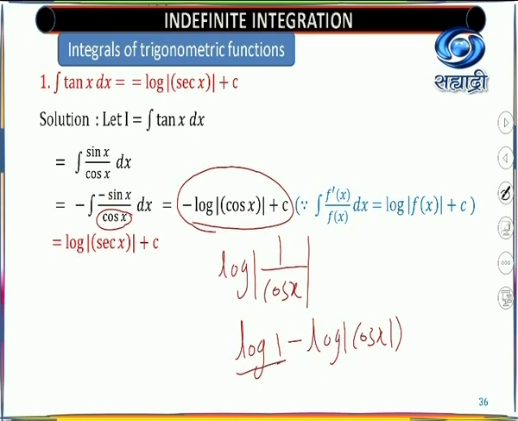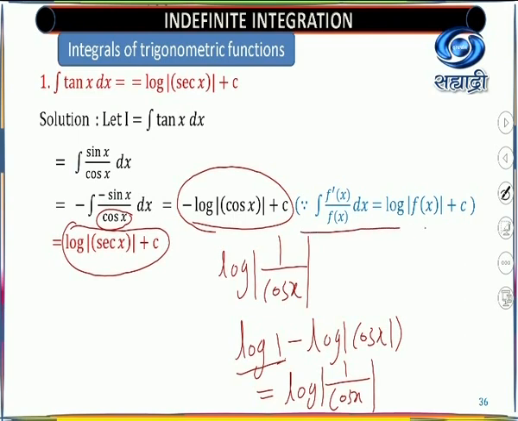Now log 1 value is 0, so there is no difference in your answer. So you will get log 1 minus log of cos x. Now this is log m minus log n, so you will get this as log of mod of 1 upon cos x. Because m upon n is what you are using, it becomes a positive value, and you will get log of mod of sec x plus constant of integration.